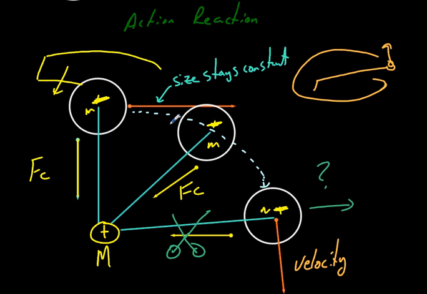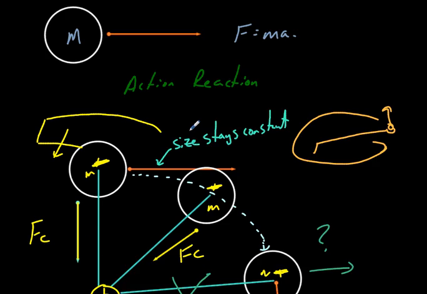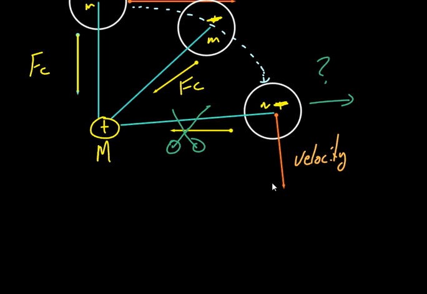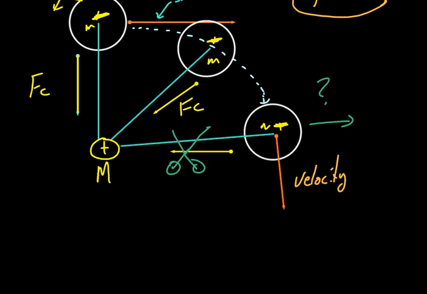The speed does not change. But we're applying force, and we know forces cause accelerations. So what does that mean about this object? Is it accelerating? The answer is yes, it is. If I'm applying a constant force to something, yes, it is accelerating.